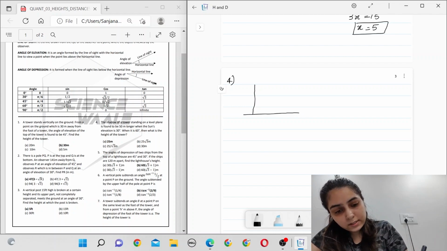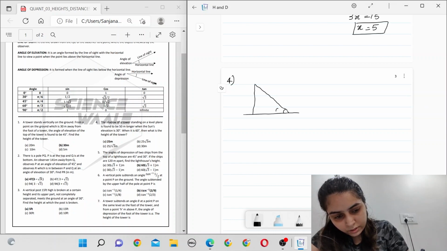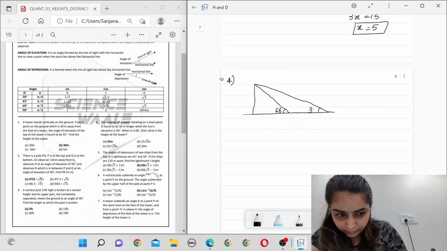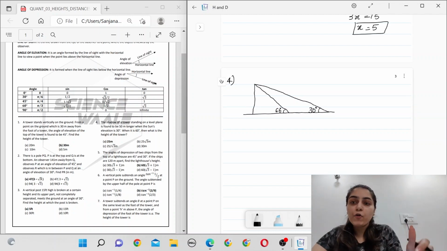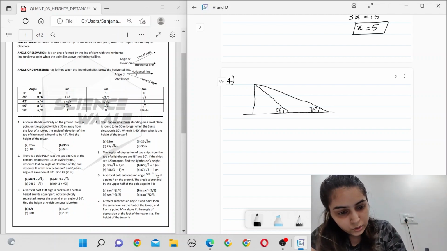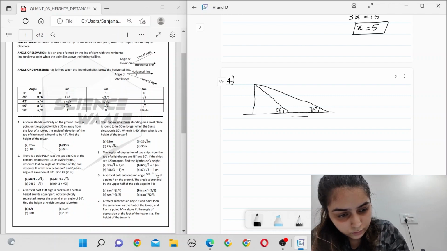So that means this is a tower. Let this angle be 60 degrees. Let this be 30 degrees. So they have mentioned that the shadow of the tower is 50 meter longer when the angle of elevation is 30 degrees, which means this is 50 meter.